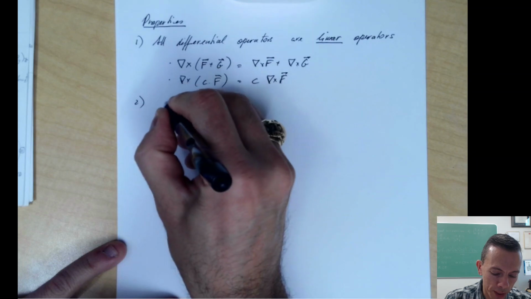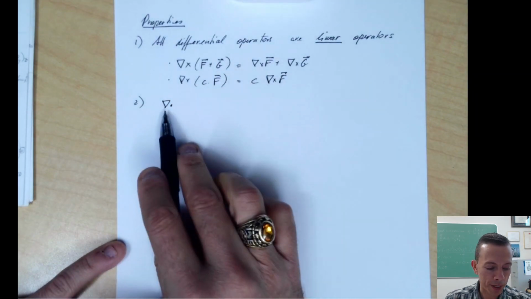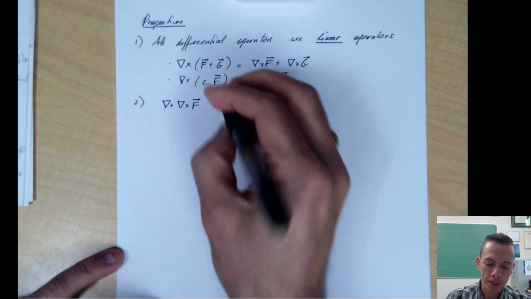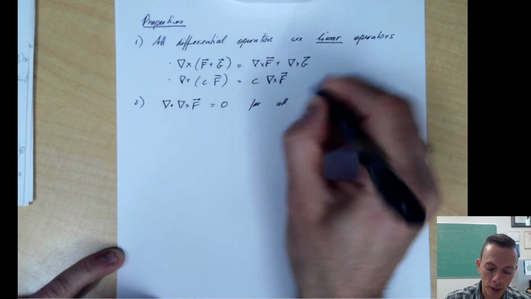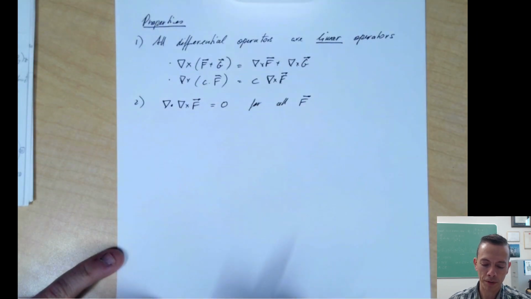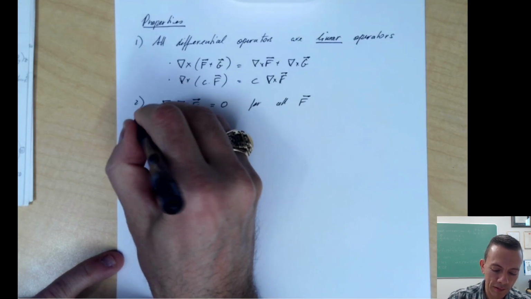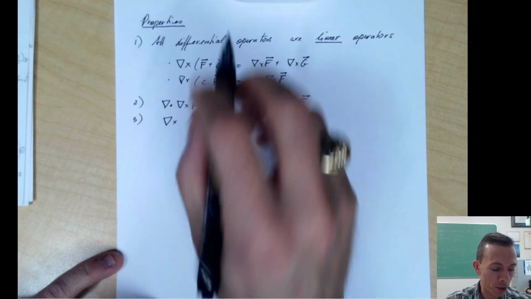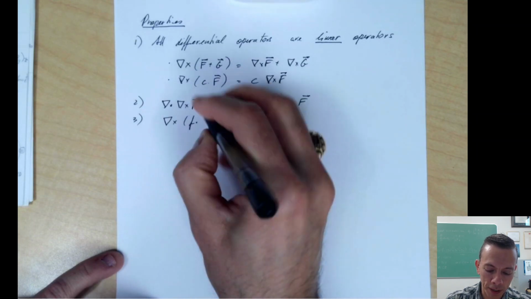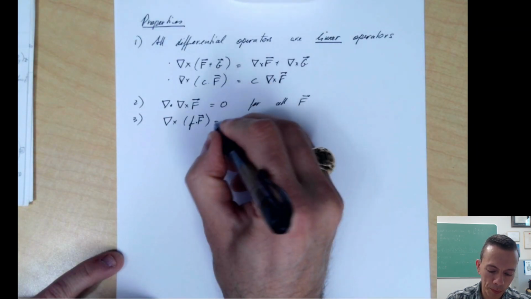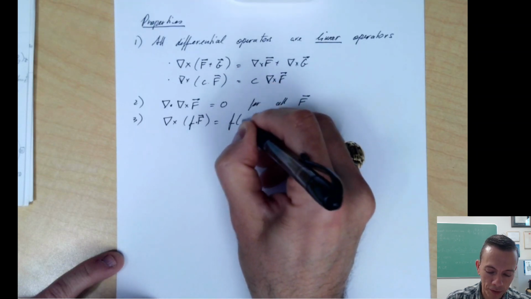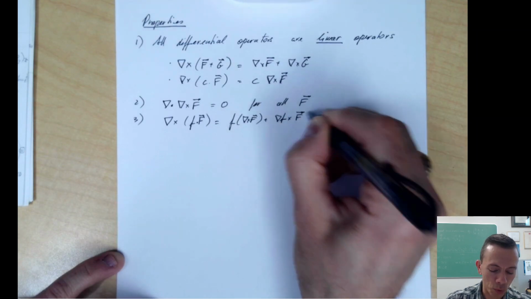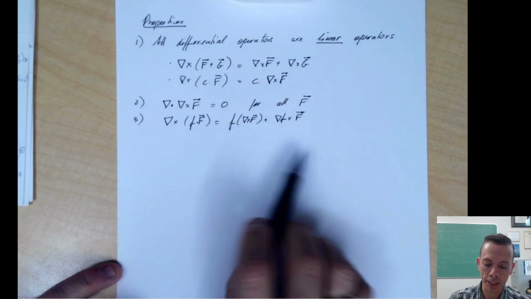So for example, if you take the divergence of the curl of F, in this case, you get 0 for all vector fields F. So another interesting property is if you take the curl of a product of a scalar function f with a vector field F, this becomes f times the curl of F plus the gradient of f cross F, some kind of an extension of a product rule.